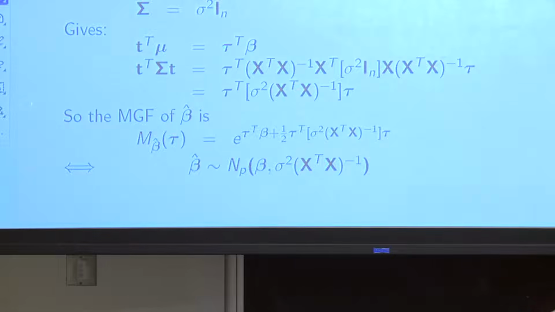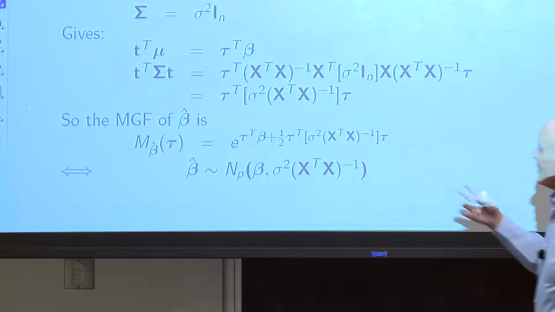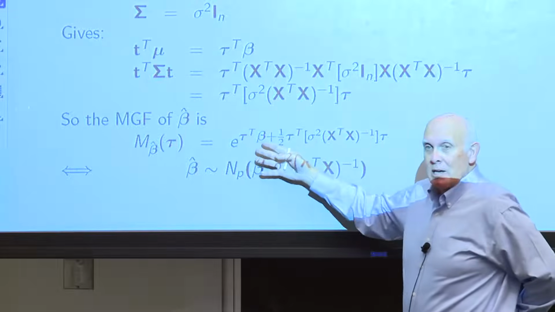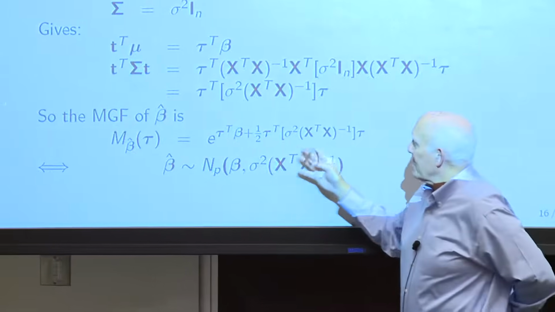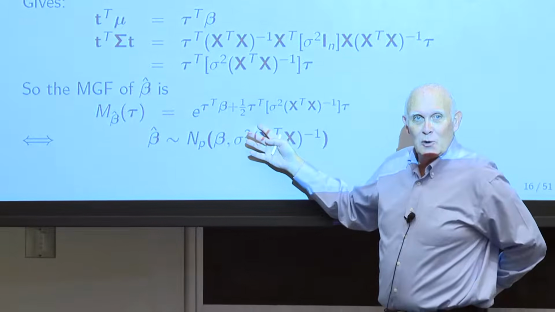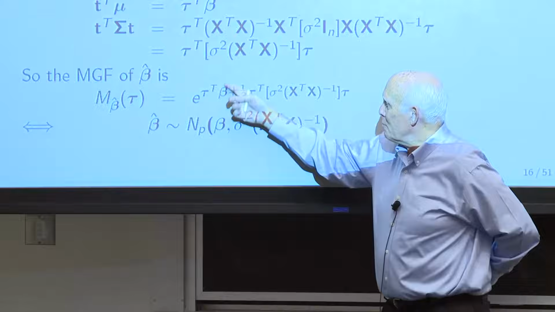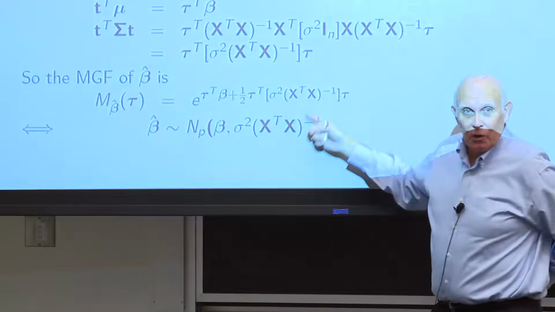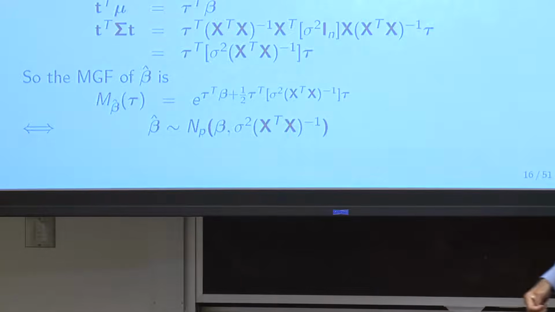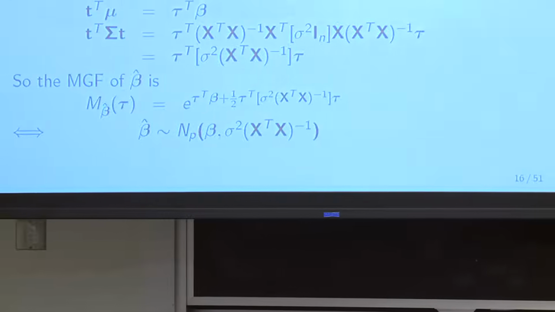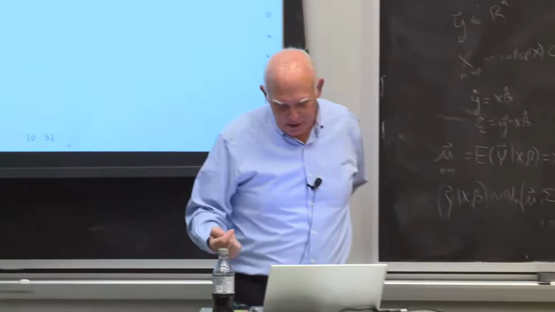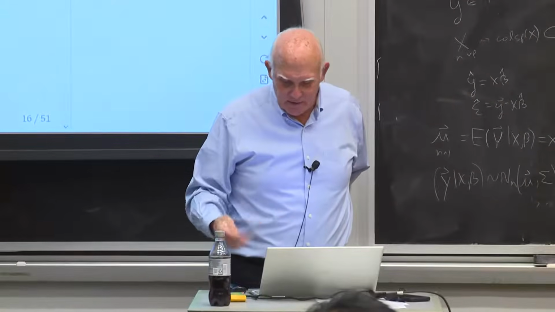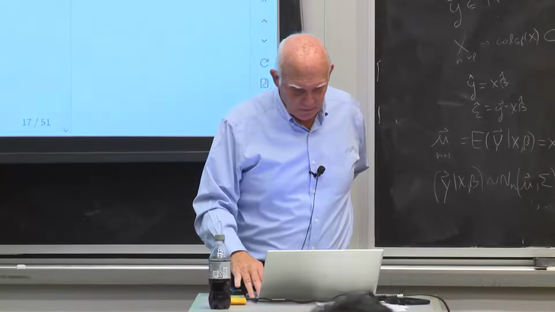So this is our moment generating function of beta hat, and by the uniqueness of moment generating functions, we can recognize this as a multinormal with the given mean vector and the given covariance matrix. So we have multivariate normality of the least squares estimates, which is very convenient and useful.